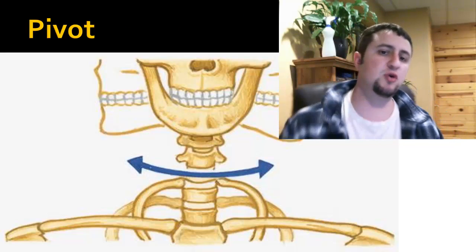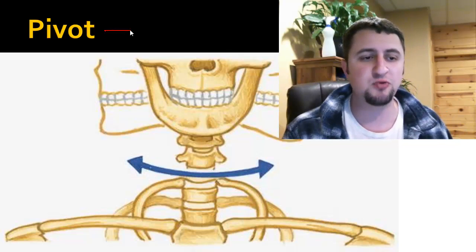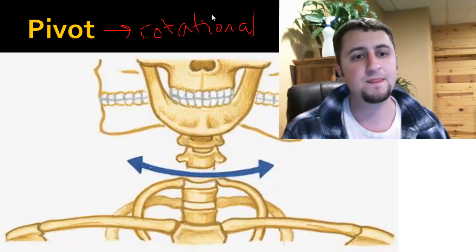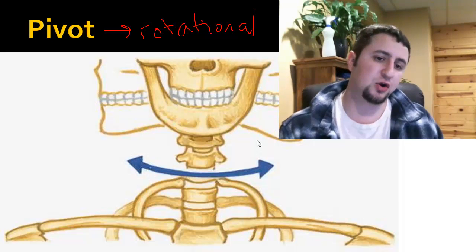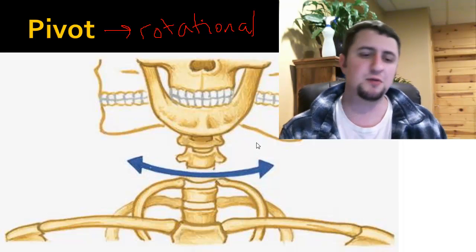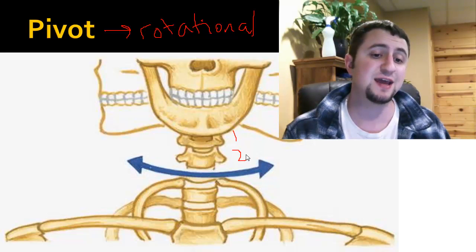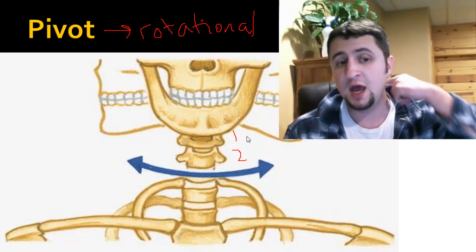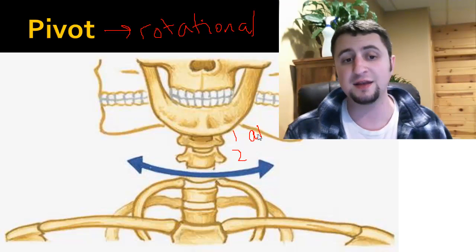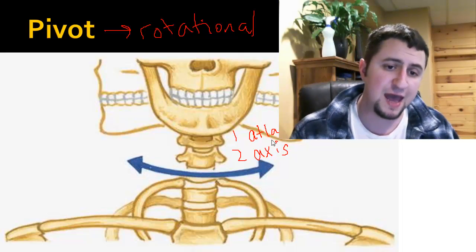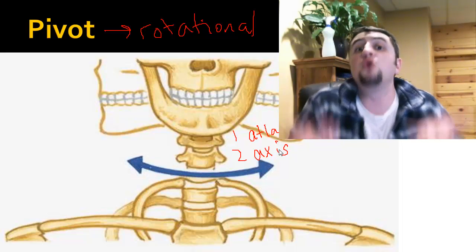The next type of joint is the pivot joint, which is primarily rotational. That occurs in a couple places in our body, but one of the most famous places is between the first and second vertebra in our spine. The first one is called our atlas vertebra, and the next one is called the axis. When you think of atlas, think, atlases hold up the world.